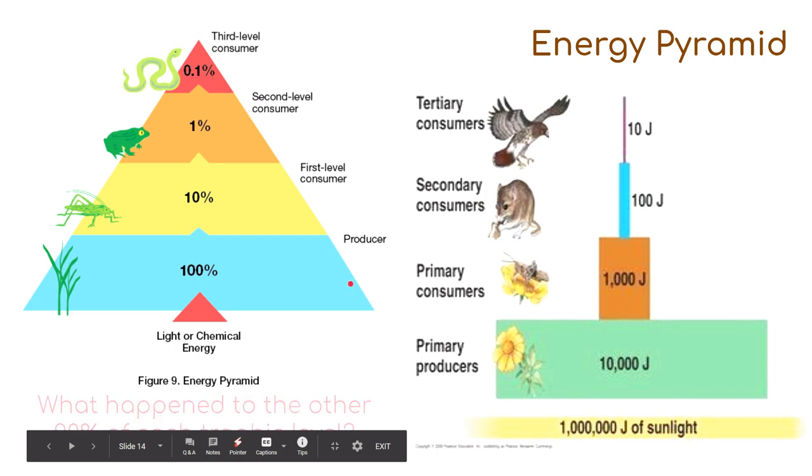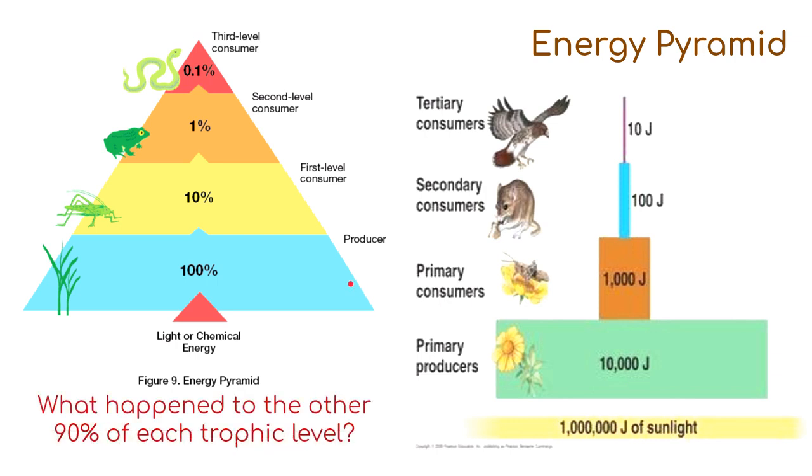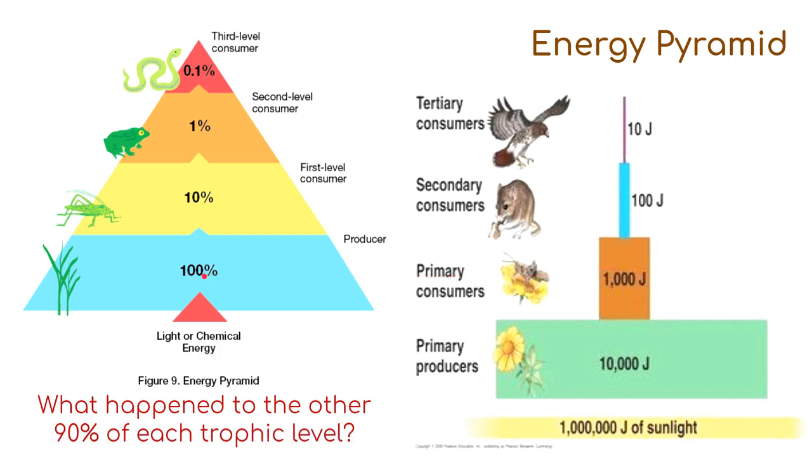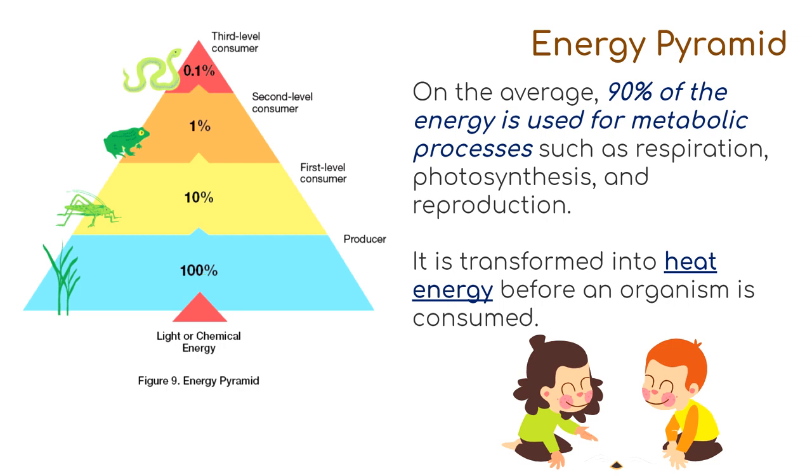So the question is, what happened to the other 90% of energy in each trophic level? What do you think? What did the grasshopper do to the remaining 90,000, for example, of that energy?